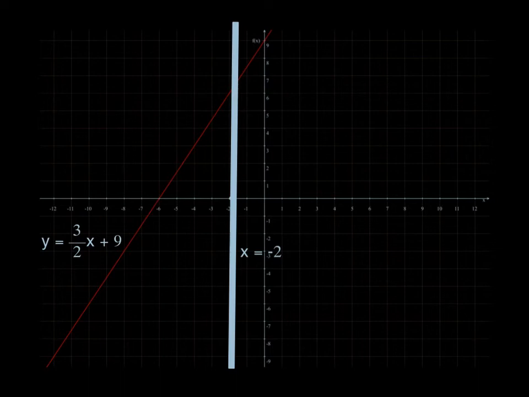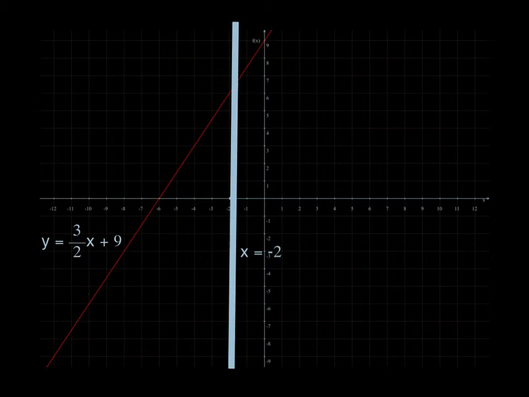So as I already said, x equals -2 is going to be a vertical line passing through -2 on the x-axis. And then I've taken our equation y equals 3 over 2x plus 9, and I've graphed that as well. So my y-intercept was 9. I would go down 3 and to the left 2, or I could go up 3 and to the right 2, and that's how I got my line.